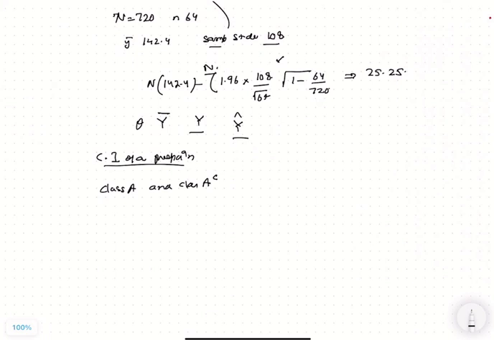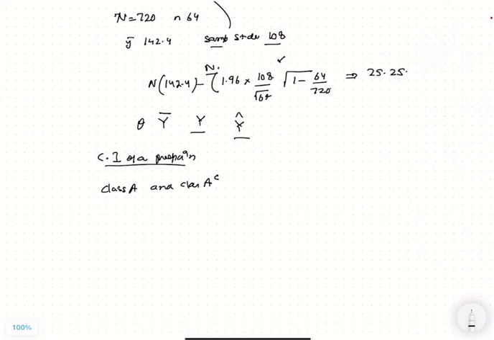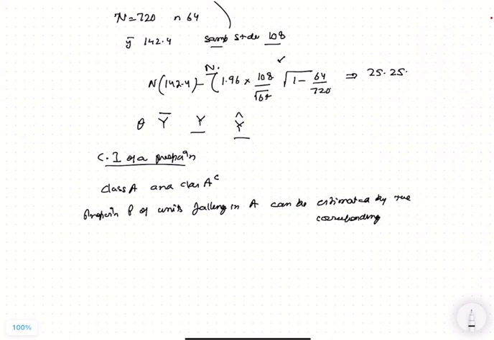So the proportion P of units falling in A can be estimated by the corresponding sample proportion small p, right?